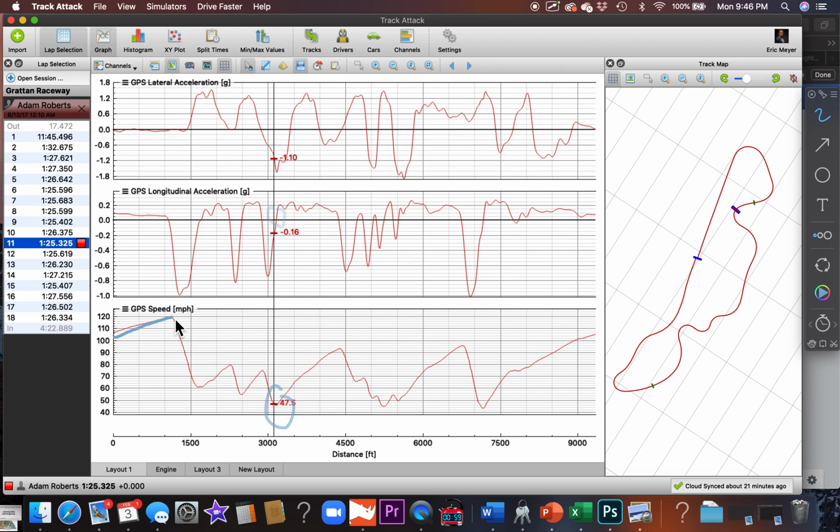Okay, here we go. Braking for turn one. There's turn one, right? There's where we're coming off the brakes. This is where we're going to throttle. We're going to go into brakes. We're going to go into throttle. Go into brakes. Making sense?